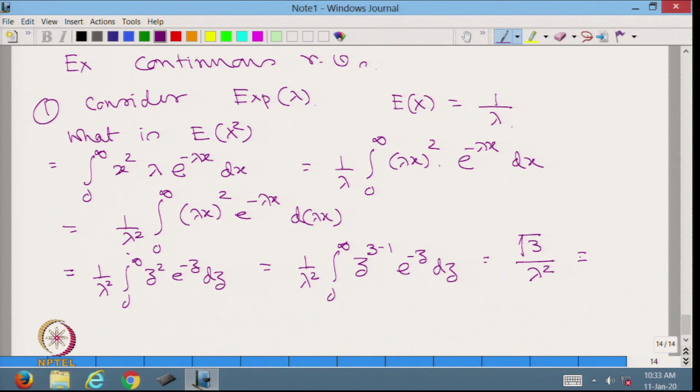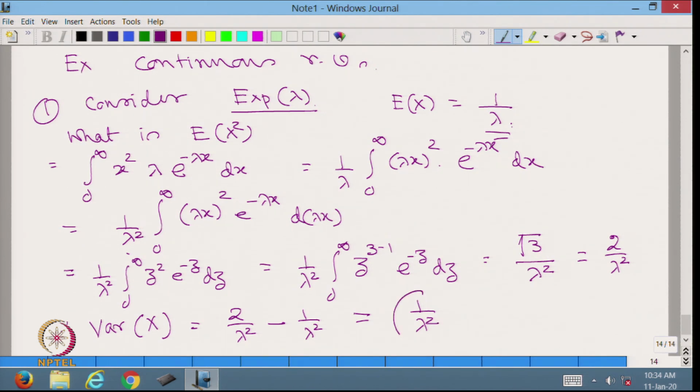Now, gamma 3 is equal to factorial 2. Therefore, this is 2 upon lambda square. Therefore, variance of x when x is exponential lambda variable is equal to 2 upon lambda square minus expected value of x whole square, which is 1 upon lambda square, is equal to 1 upon lambda square. So, this is the variance of exponential lambda variable.